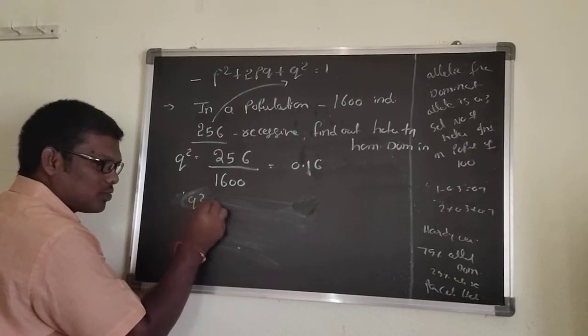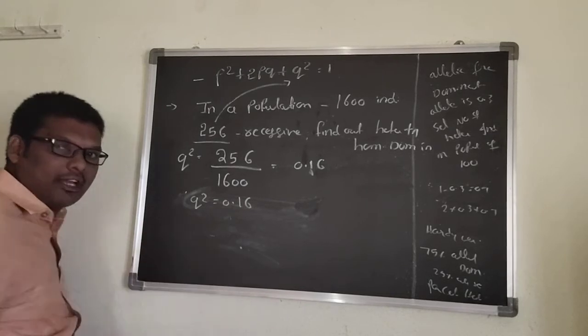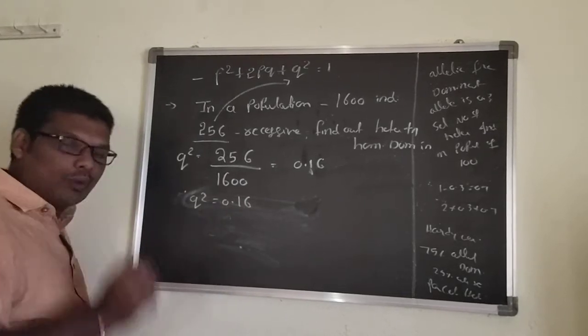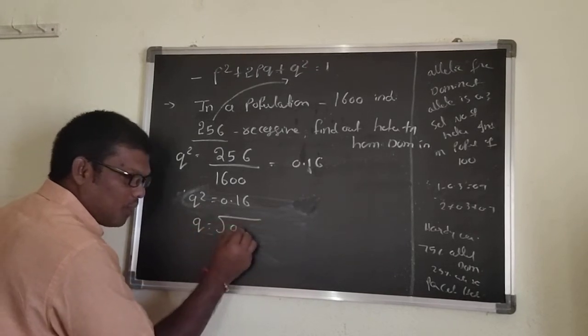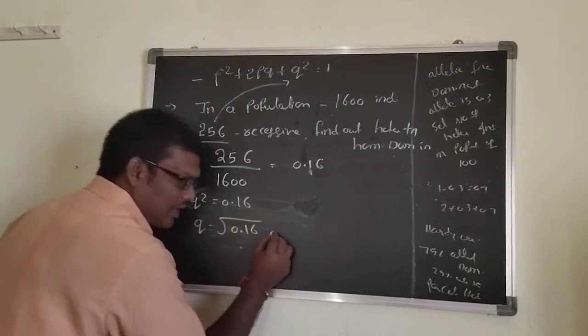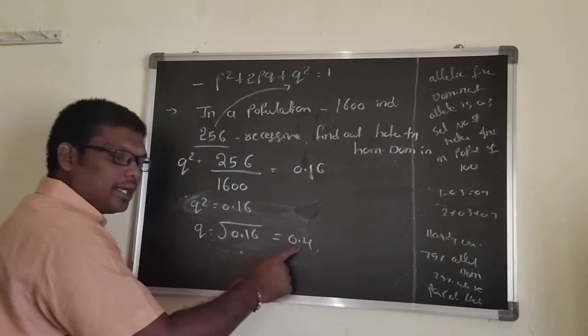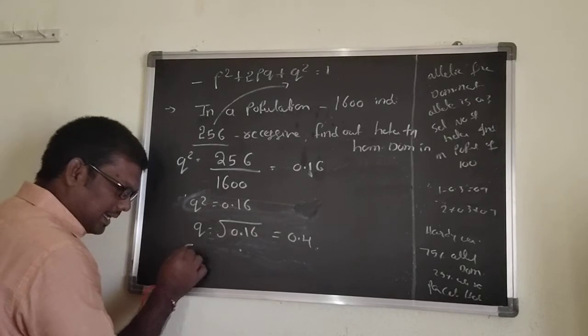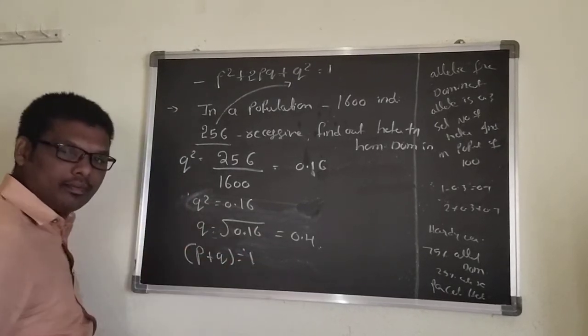q square equals 0.16. This is the genotypic frequency. I need q, that is the root of 0.16, which is 0.4. So the q value is 0.4. Basically, p plus q equals 1.